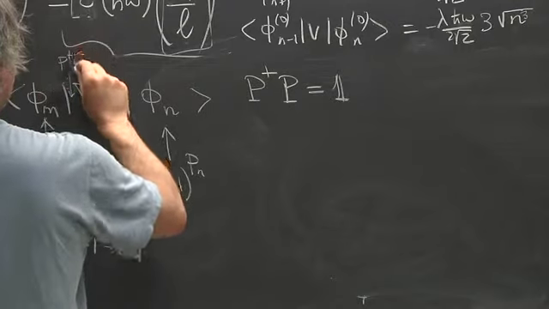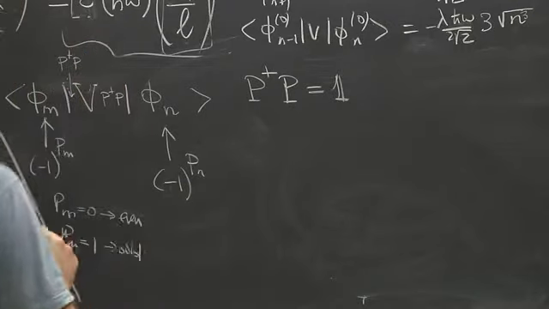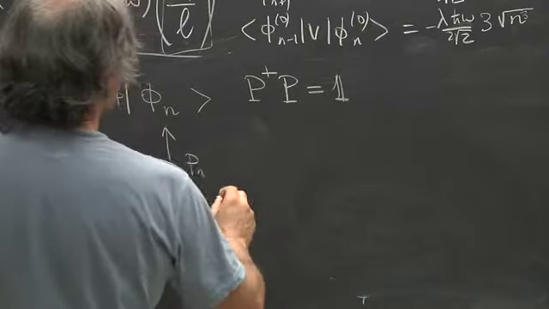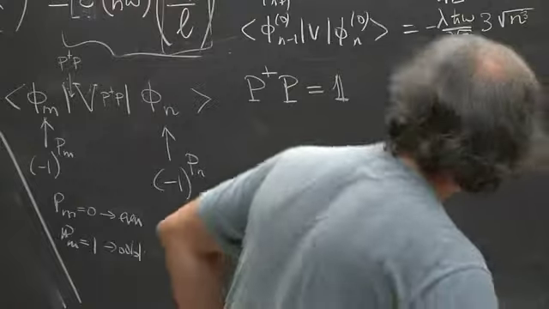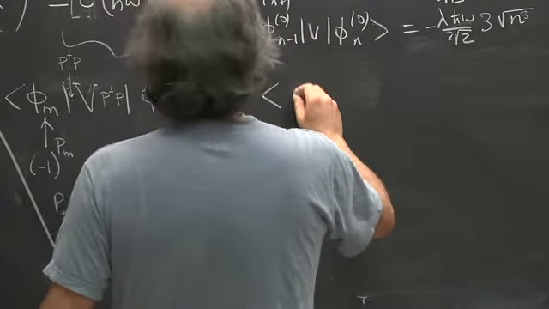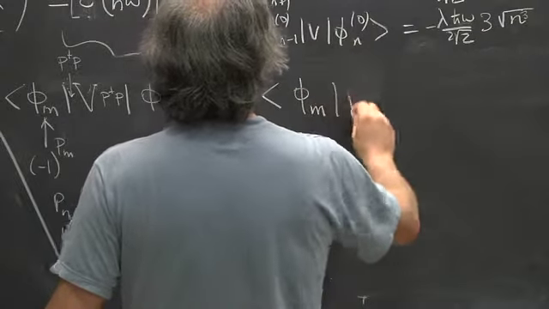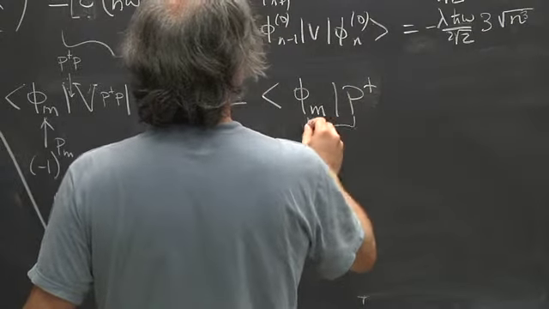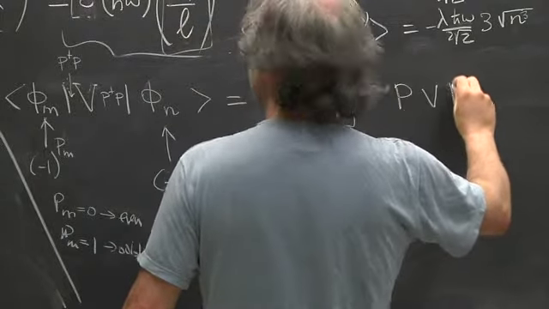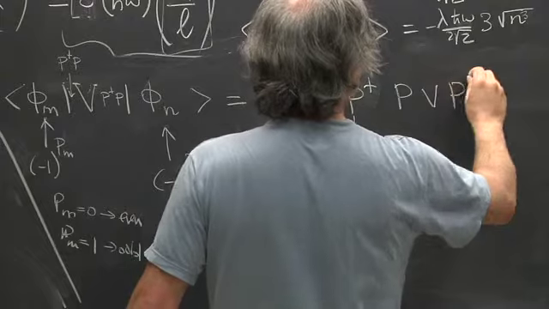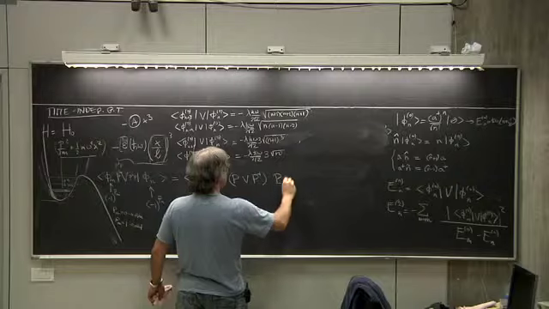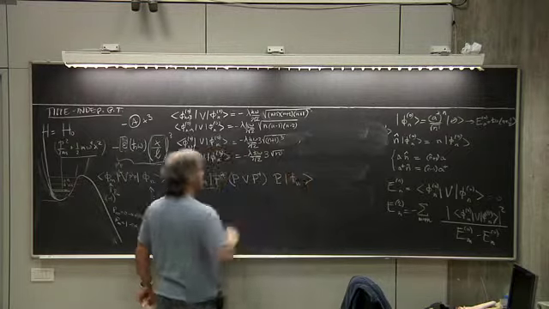So I have on this side, I will write it like this: P dagger P. Now, you immediately see that what you have here is equal to the parity applied to the thing to the left, then the parity, V, and parity again in the middle, and then P applied to phi n.